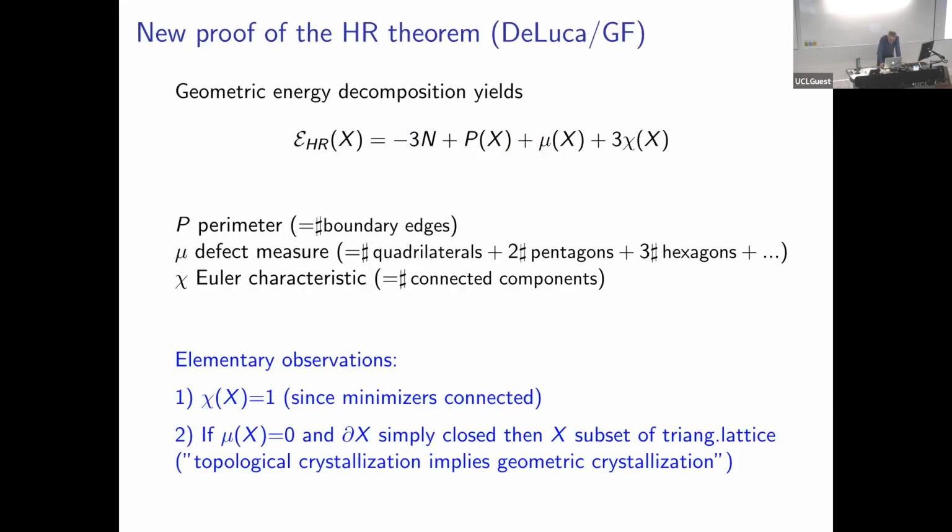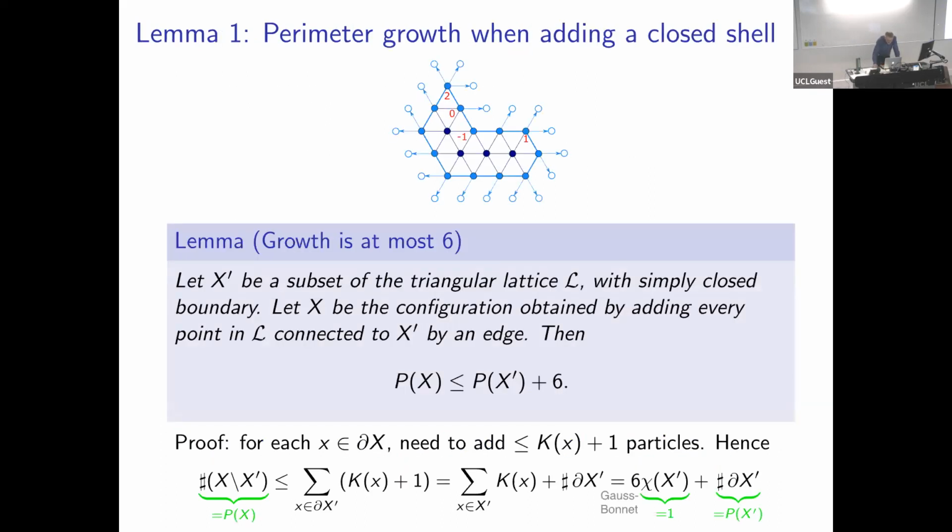So what I was saying is there's now the interplay between the perimeter and defect measure. I have these 2 guys to play with, and there are two operations. The first is: what happens if I have a configuration with simply closed boundary and I add a closed shell? By adding a closed shell, I mean what I picture here.